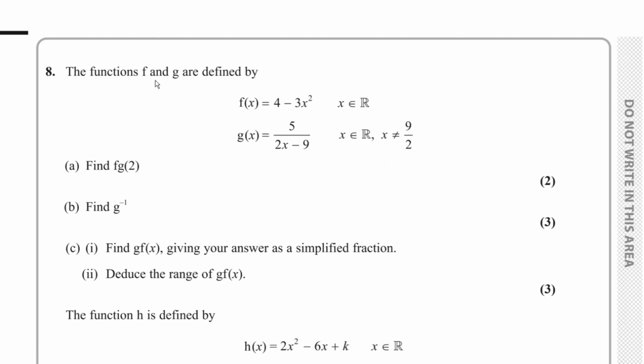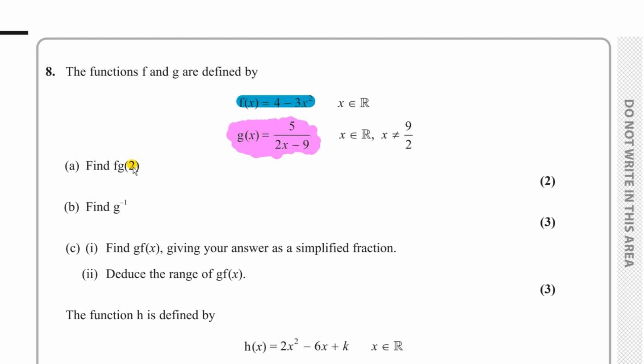Question number 8. The functions f and g are defined by f of x equals 4 subtract 3x squared, where x is a real number. g of x equals 5 over 2x subtract 9, where x is a real number and x does not equal 9 over 2. Part A, find f of g of 2.